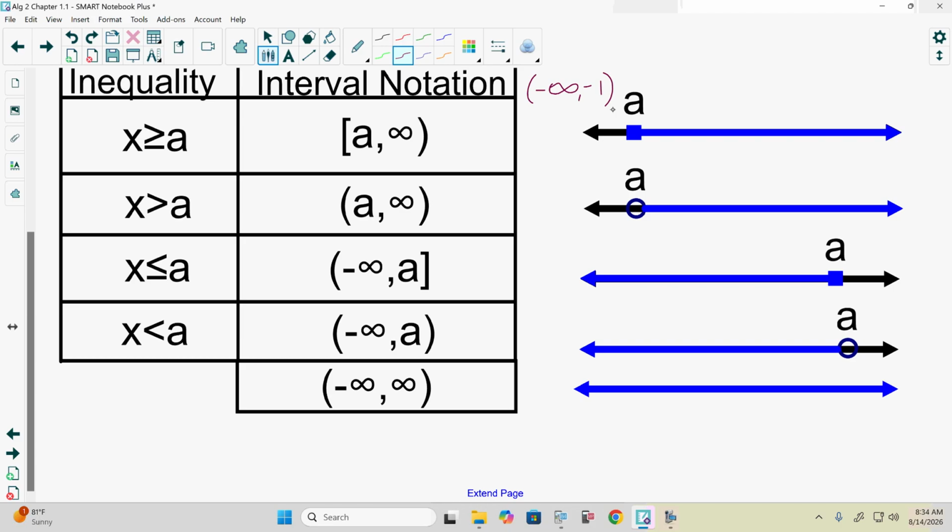Which one of these four does it match up with? Because we're not looking at the bottom one. The fourth one, yes? So what's taking the place of A? -1, which means we're using this, so we're saying x is less than -1.